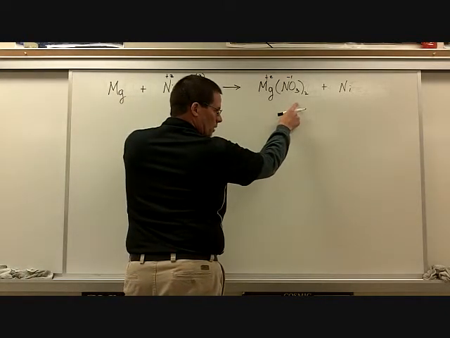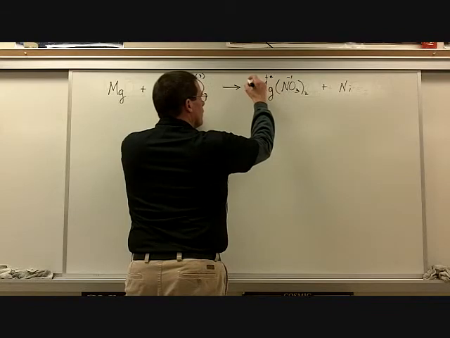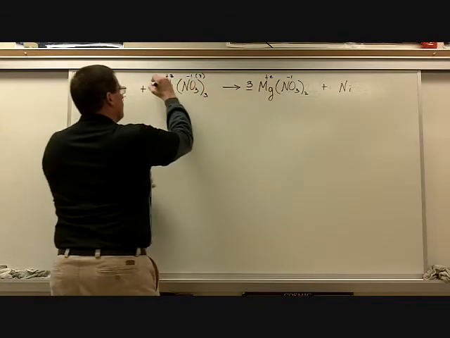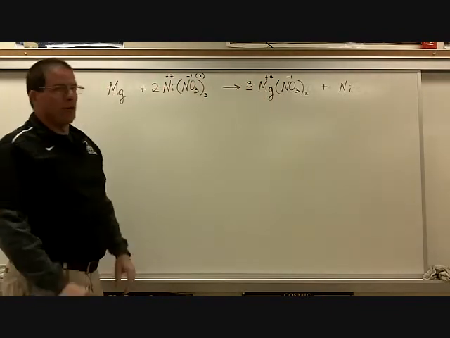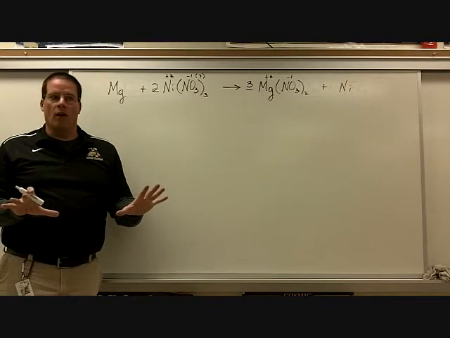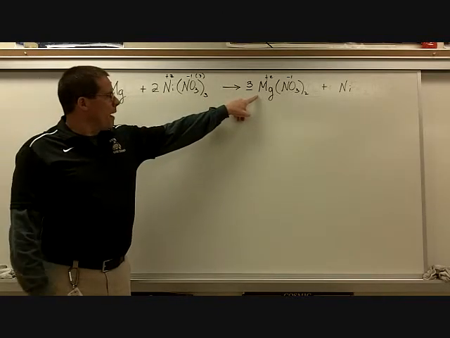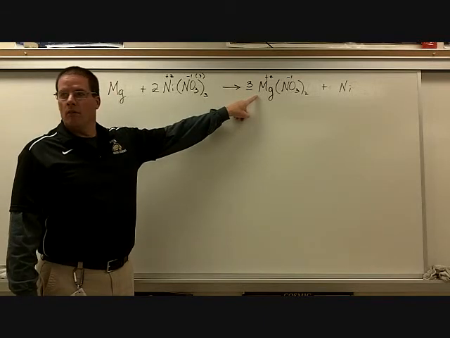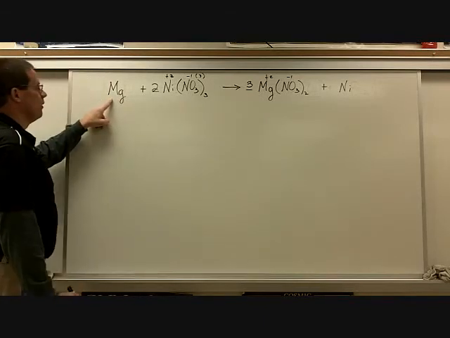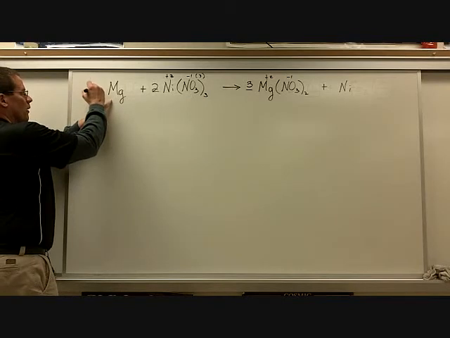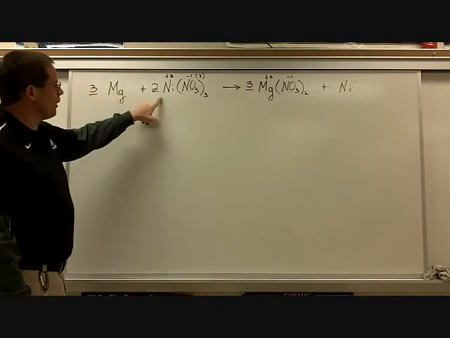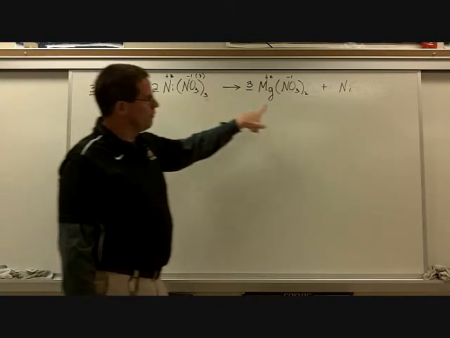How do I get the same number of nitrates? 2 to 3. Yeah, so put a 3 there and a 2 there. Okay, so I know my nitrates are the same, the NO3s. Okay, if you want to look at the magnesium, how many magnesiums do you have? 3. How many do I have here? 1. What do I need? 3. There you go. How many nickels do I have? 2.